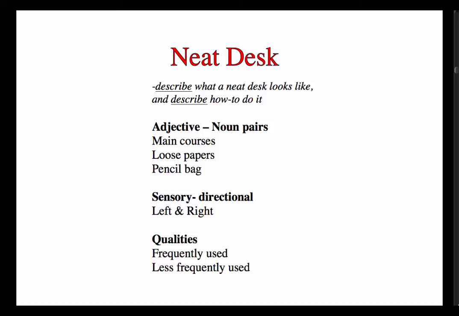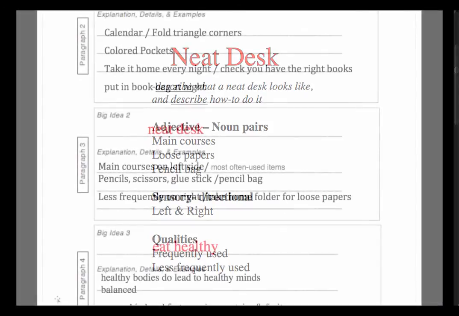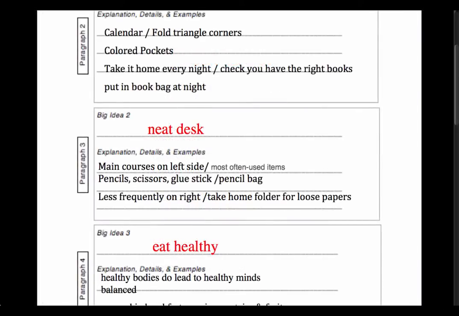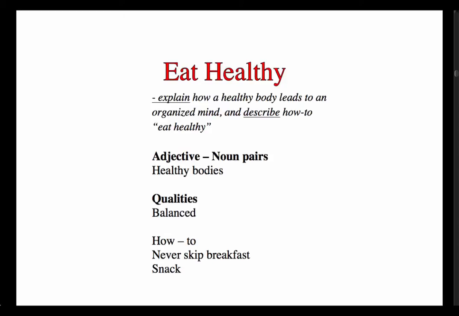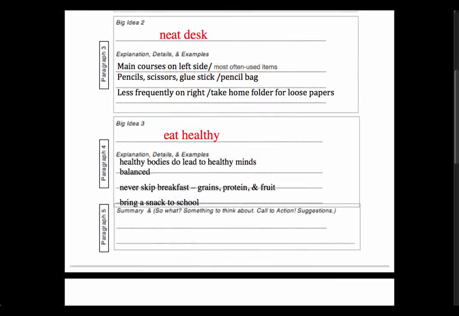Again, I'll use the descriptive techniques we've talked about to create elements to later develop the paragraph. For the big idea, eat healthy, I need to explain how having a healthy body leads to an organized mind, as well as describing how to eat healthy.